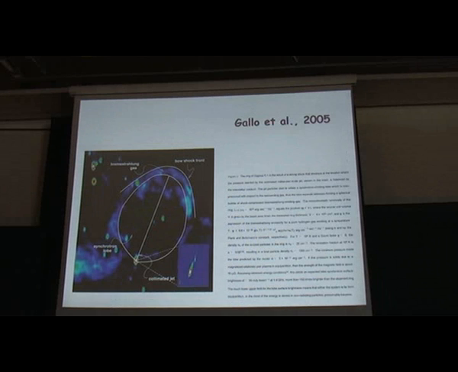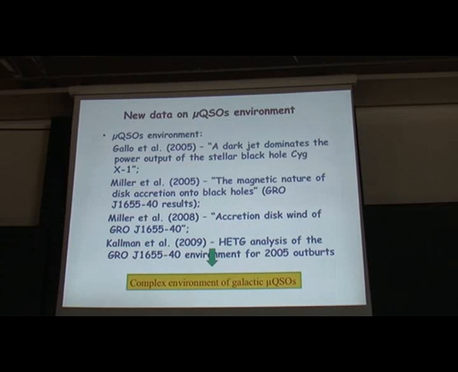Of course, this is not the whole story, and we were shown this picture already today, which shows that environment of microquasars can be quite complicated, and this is this blown up image of the shell around Cygnus X-1. And to add to this, I want just to mention that there's some nice data exist, X-ray, taken with high energy grating on board of the Chandra of analysis for GRO 1655, which clearly demonstrate that environment really complicated, very clumpy, and very dense.